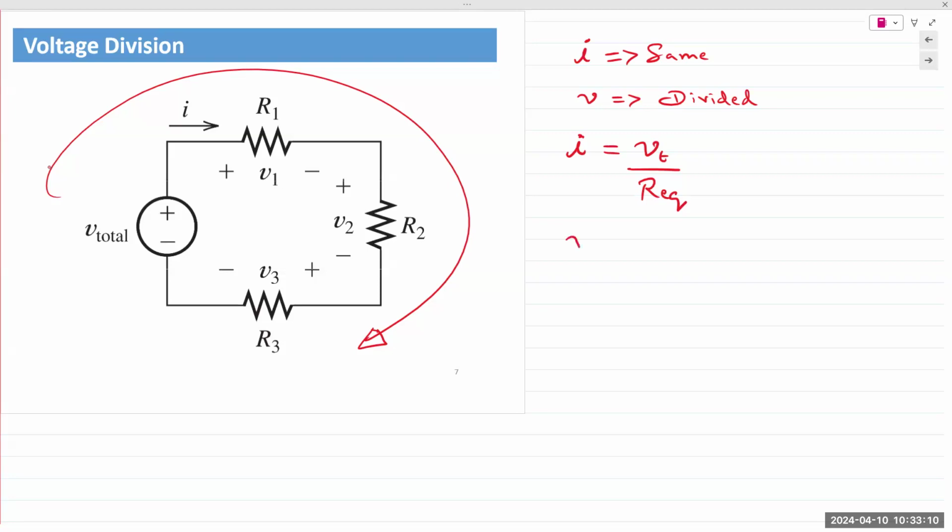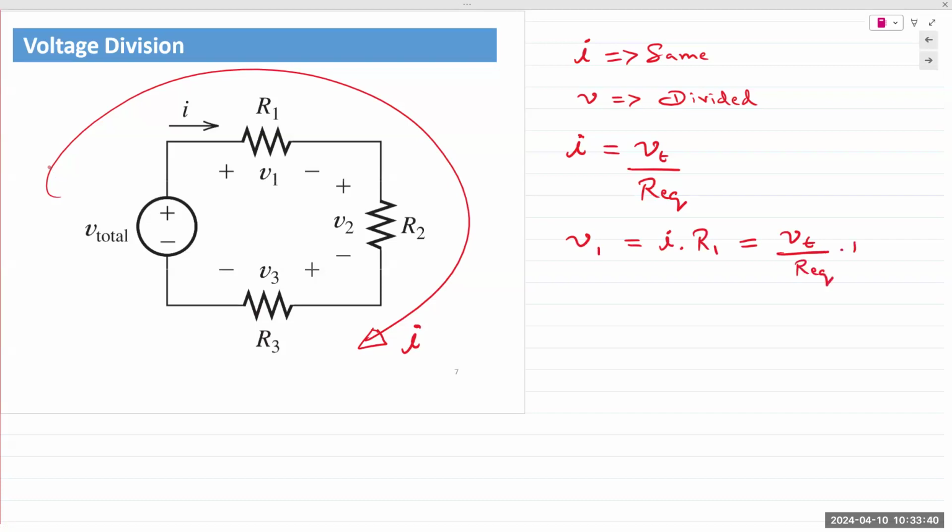What is the voltage across each individual resistor? Current I remains the same. So from Ohm's law, what is the voltage across an individual resistor? I times R1. I, we established in the first step, is VT over Req.